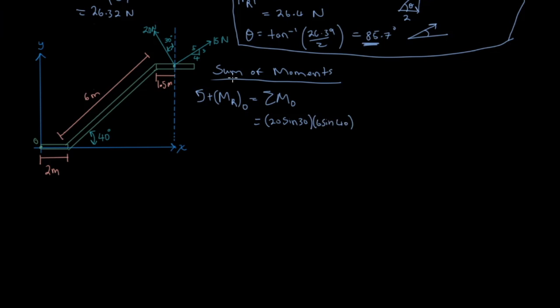Okay, so what about the positive component of the force? Okay, this right here. All right, so if this 20 Newton force was pulling like this, what's its perpendicular distance? It's all this right here.